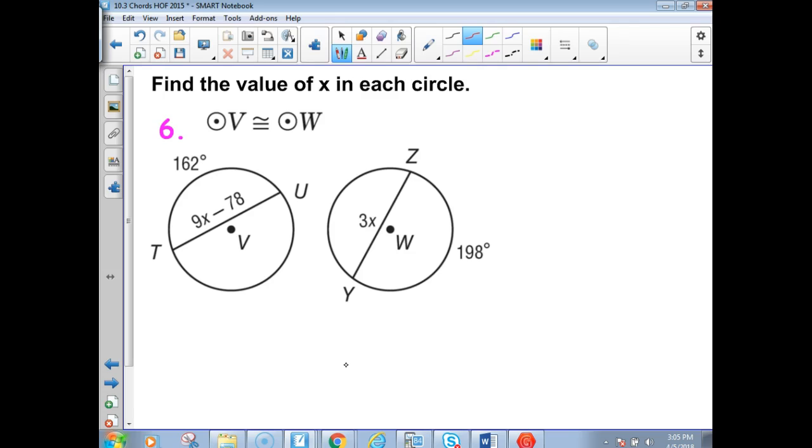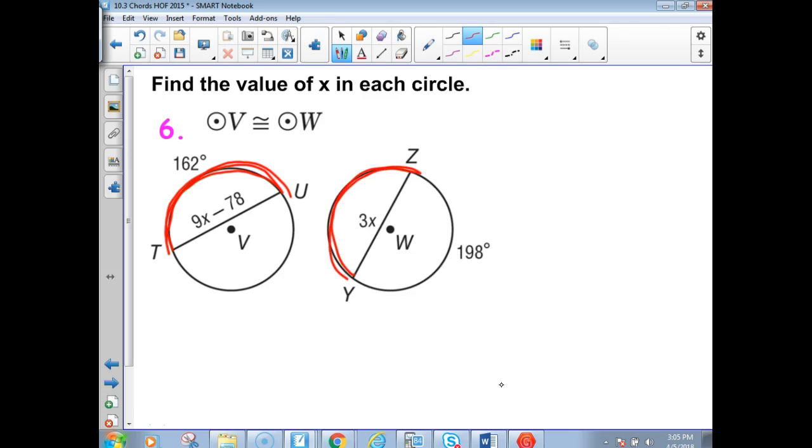What's the first thing I need to figure out? These numbers don't match. What arc is this corresponding to in the second one? Is it here or is it over here? Is it where the 198 is? Oh, it's not. So we want to see what this is.